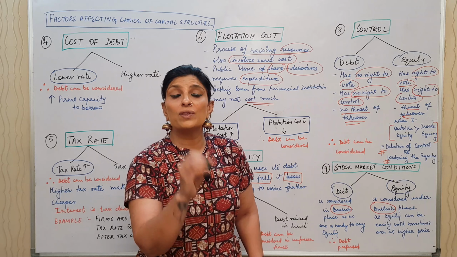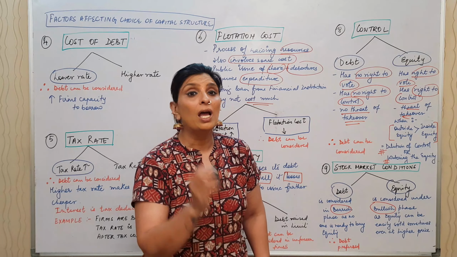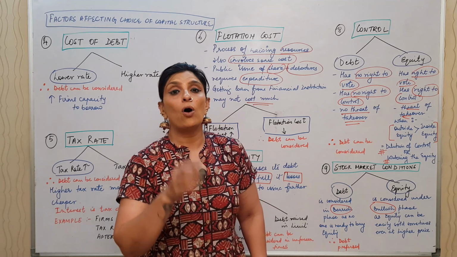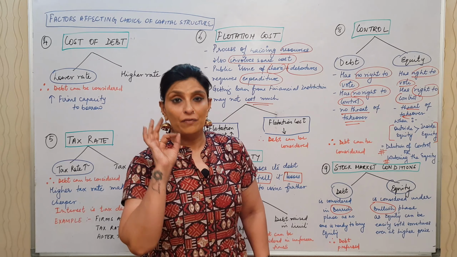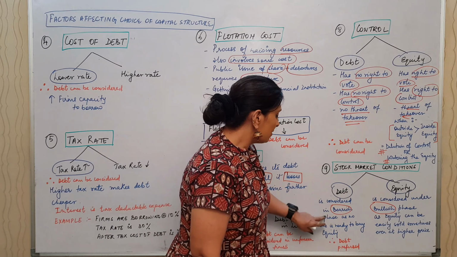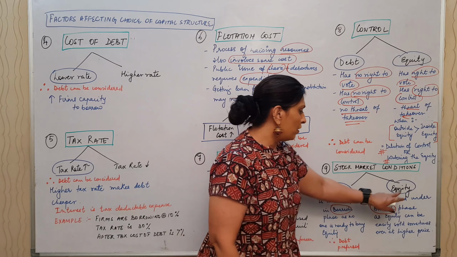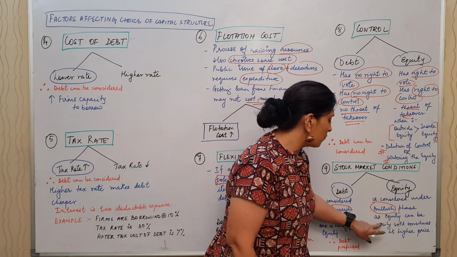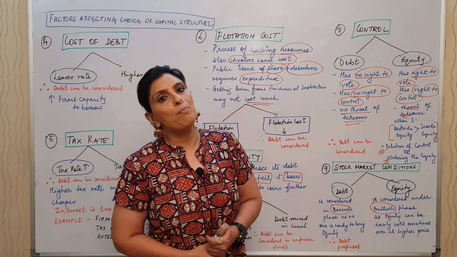Similarly, the price of the equity goes down so badly, the market is not in good condition. People prefer to buy debt or debentures. Why? Because they know at least they will get the fixed rate of interest. So debt is considered in the bearish phase as no one is ready to buy equity, therefore debt can be preferred. But equity is considered in the bullish phase as equity can be easily sold, sometimes even at a higher price.